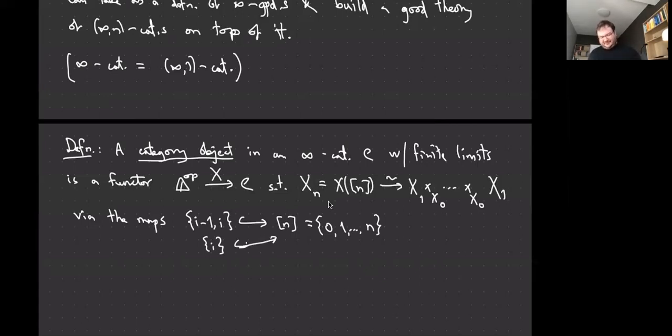Through these maps, I get maps from X_n to all of these things, and I'm saying that should exhibit X_n as this iterated fiber product.